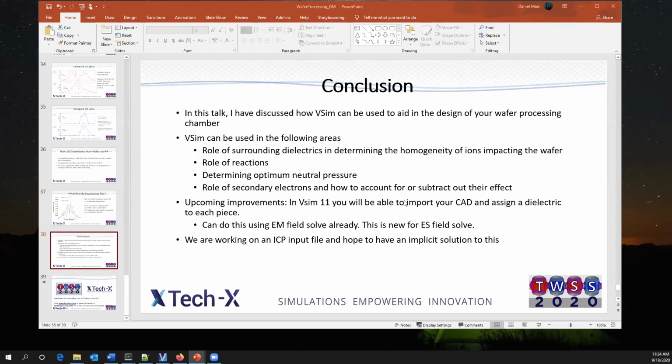We have another one about whether neutral species are modeled as particles or fluid. In this case, these particles were models of just a fluid background. You can put in fluids as particles, and then you can watch the evolution of the neutral fluid as well. The reason we're able to do that is because we use what's called a direct simulation Monte Carlo approach, which can model the evolution of the neutral species correctly also.